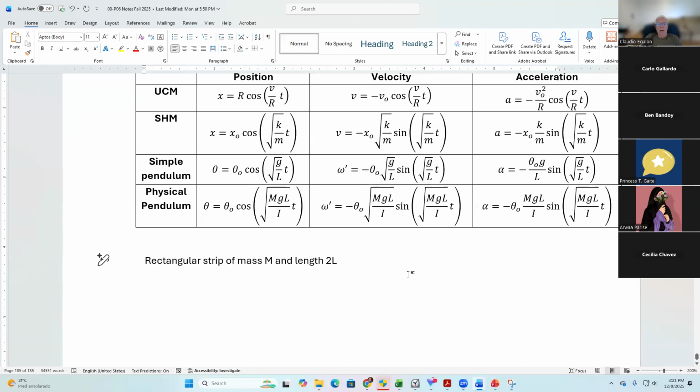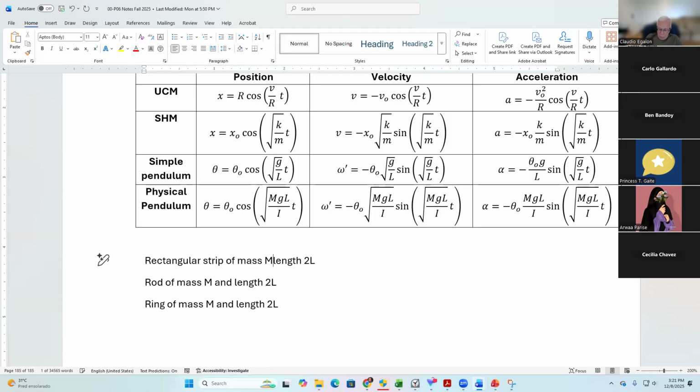So what we have to do is go back to the book and find out the moment of inertia for this rectangular strip, right? And then we can also write down a rod of mass M and length 2L.